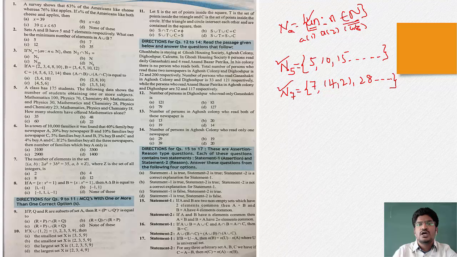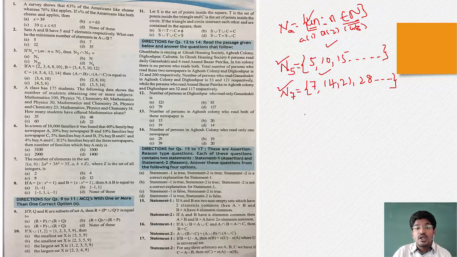That is nothing but 5 into 1, 5, 5 into 2, 10, 5 into 3, 15, 5 into 4, 20, and so on they are going to calculate in n of 5. In n of 7 they are going to calculate 7 into 1, 7 into 2, 7 into 3, 7 into 4, 7 into 5, and so on.